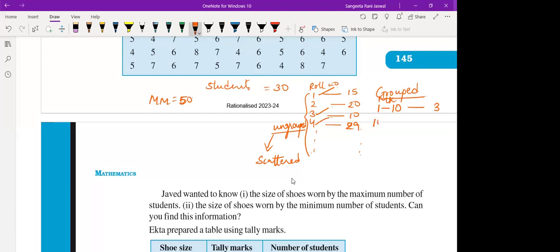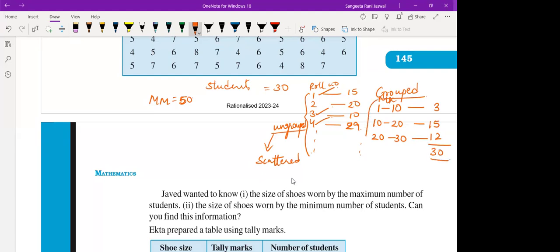How many students got marks between 10 to 20? 15 students got marks between 10 to 20. From 20 to 30, how many got marks? Let's say 12 students. So 12 students got this many marks. You understood this? Yes, ma'am. So the total is 30 now.